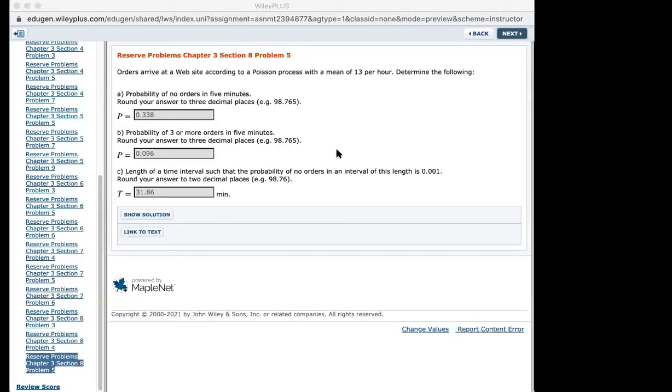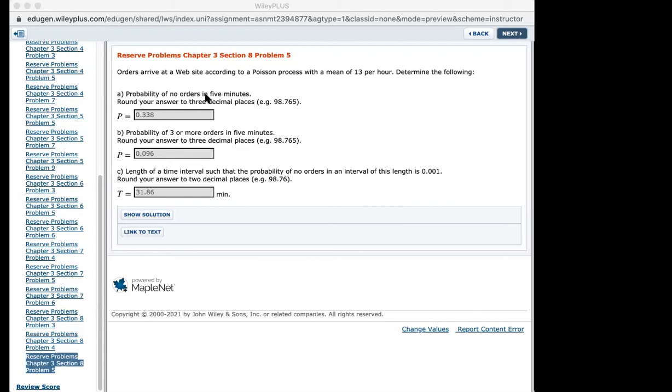Let's see the last problem. Orders arrive at a website according to a Poisson process with a mean of 13 per hour. Determine the following. Here the unit of measurement is an hour, so lambda is 13 per hour. Question A: probability of no orders in 5 minutes.